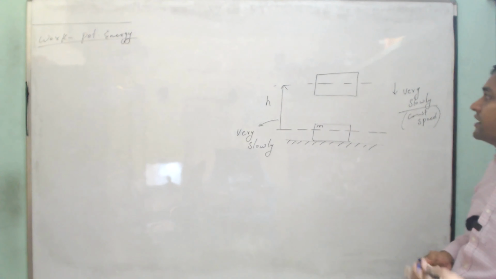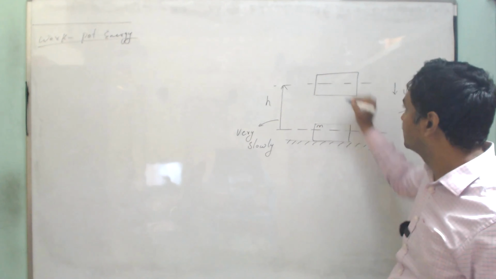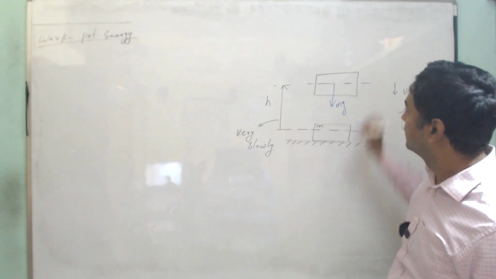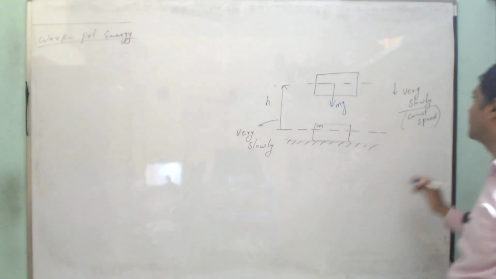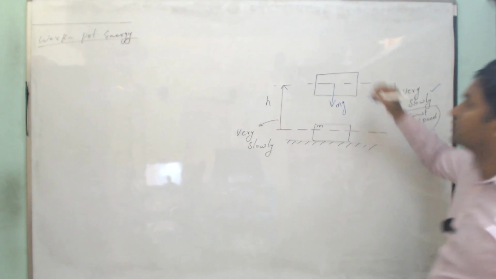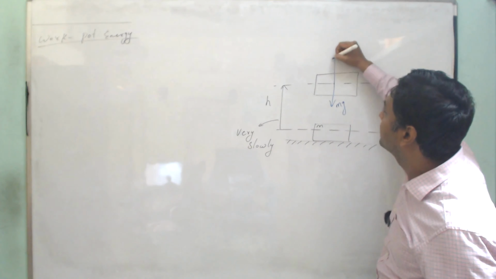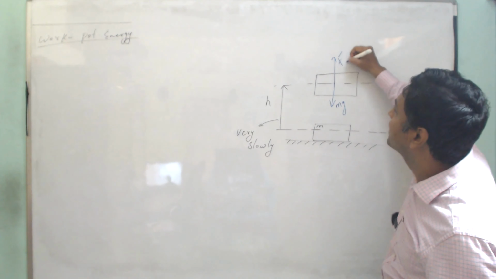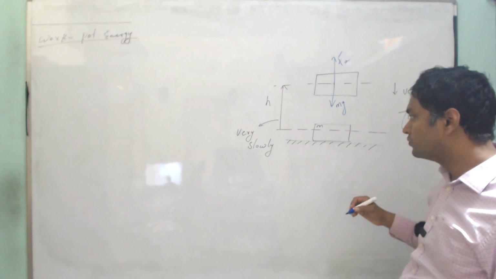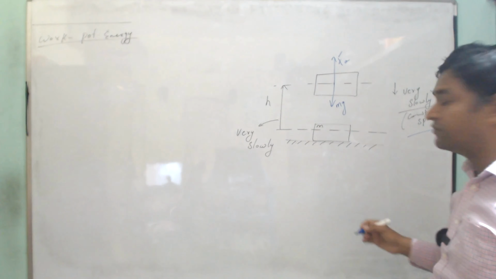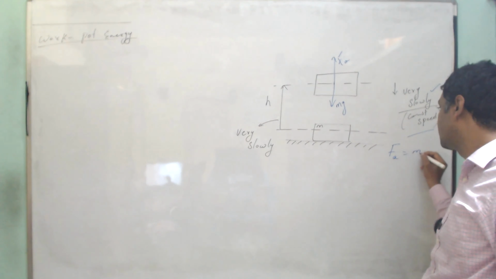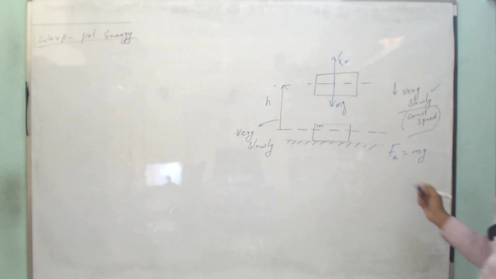The reason why it is coming down is what? Gravitational force, right? But if I want to bring it down very slowly and at constant speed, that means I'll have to apply a force in the upward direction, which is equal to the gravitational force in magnitude.